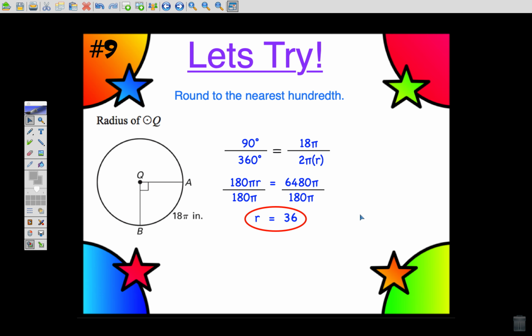You'll get 36. Just a word of warning, if you wanted to type that in your calculator, remember to put this in its own set of parentheses or figure it separately. And I've shown you all that more than once, so just be careful you know how your calculator works.